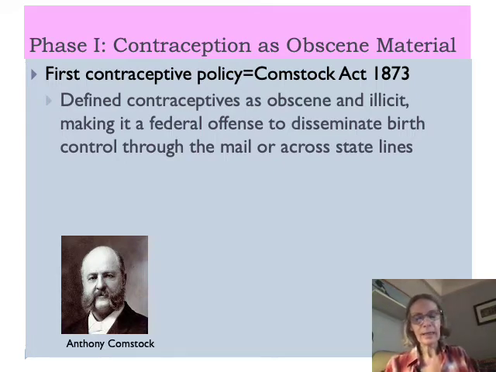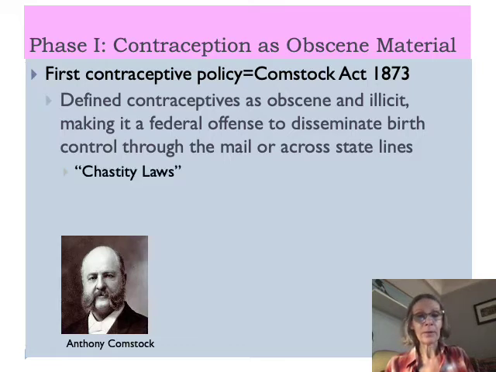So the impact of the Comstock Act made it very, very difficult to get access to birth control. It couldn't be imported into the United States. It couldn't be transported across state lines, and you couldn't get any information about birth control because all that information was deemed obscene and illicit material.